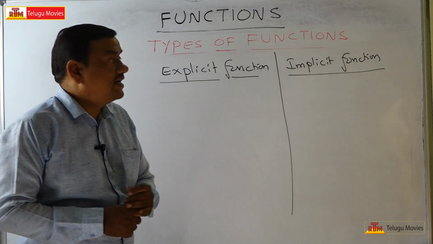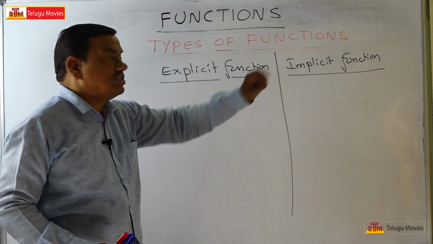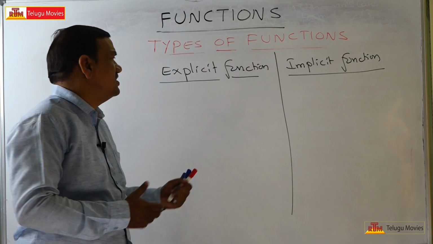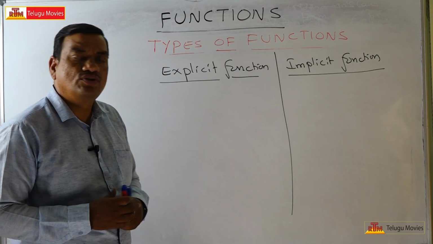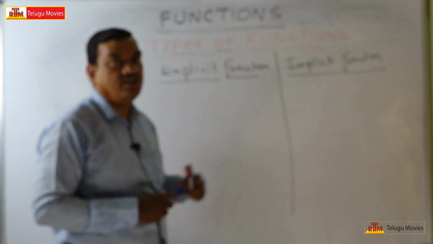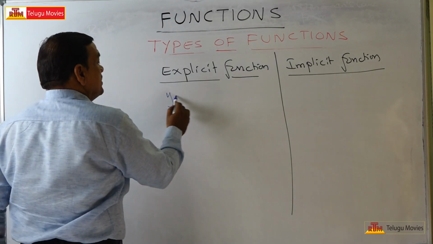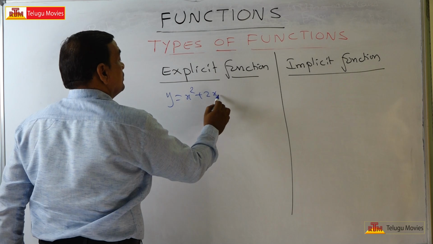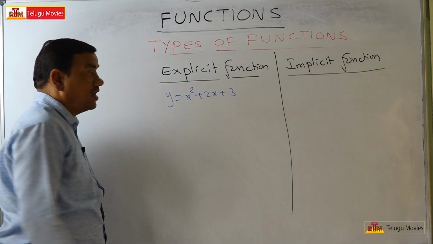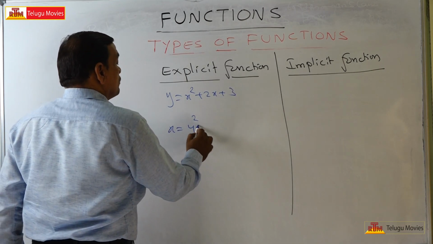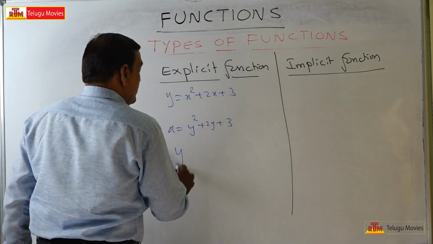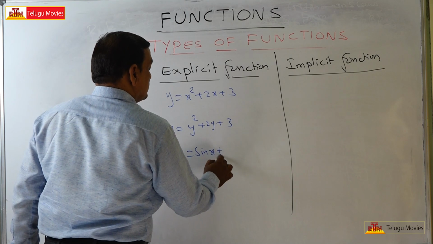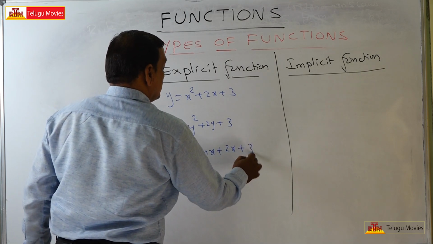Dear students, let us see explicit function and implicit function. Very easy. Just I will give some examples, then you can easily catch the definitions. For example, y is equal to x square plus 2x plus 3. Otherwise, x is equal to y square plus 2y plus 3. Otherwise, y is equal to sin x plus 2x plus 3.